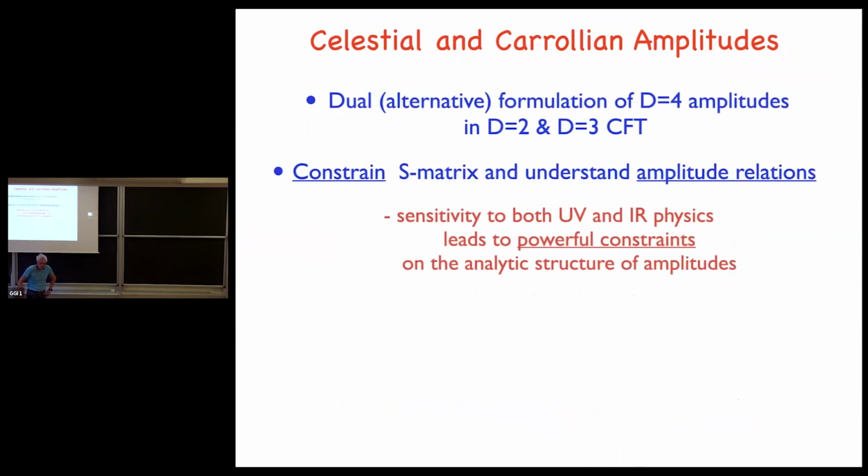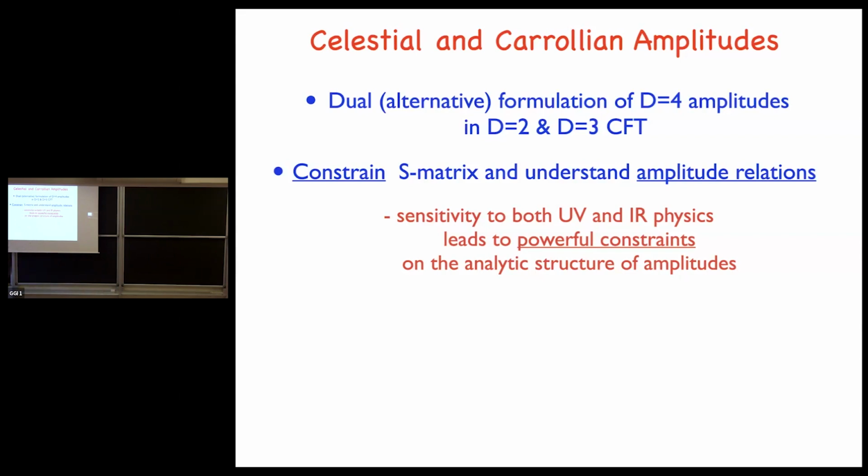So it's about celestial and Carrollian amplitudes. These are amplitudes formulated, I mean, of course, we are interested in four-dimensional Minkowski space amplitudes. So celestial and Carrollian amplitudes provide a dual formulation of these four-dimensional amplitudes in 2 or 3 dimensions.